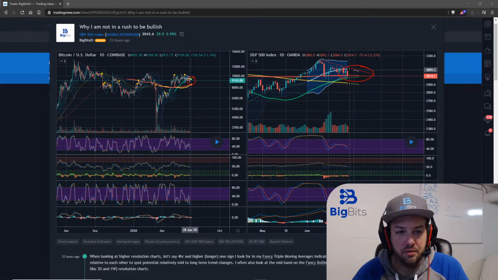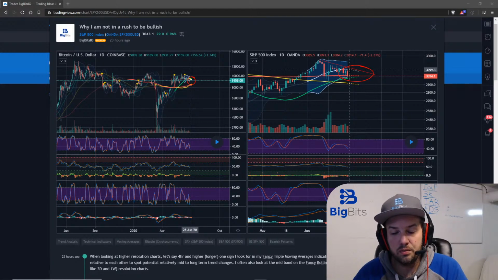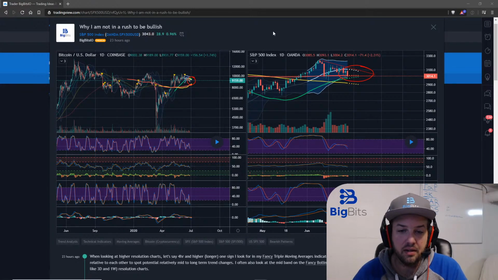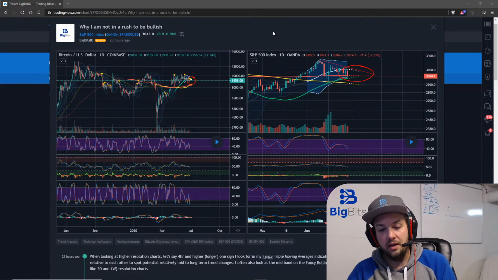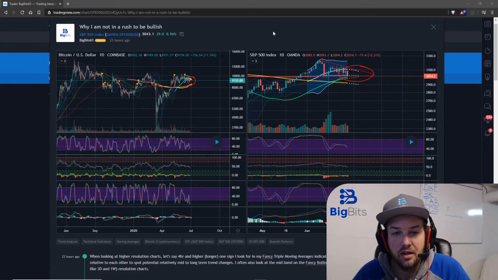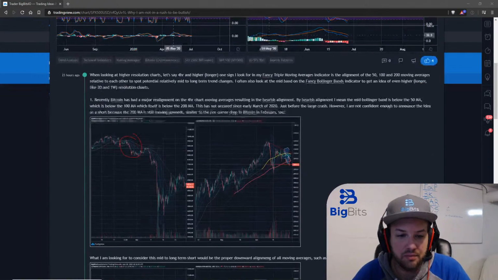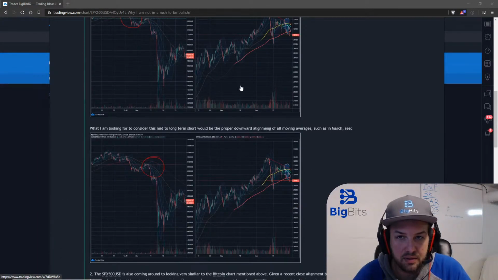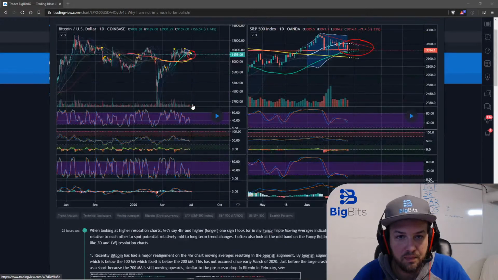One of the things I've noticed is that recently, the alignment of these moving averages has started to trend towards being bearish, and by that I mean they are in ascending order pretty much to their lookback period, layered on top of each other, and I'll show you what I mean by that in just a moment if I can find a good image of it.